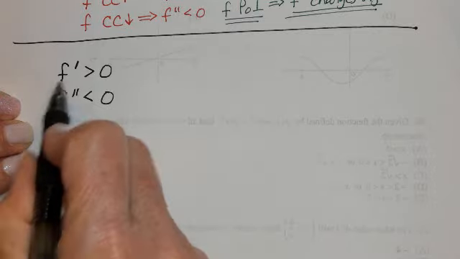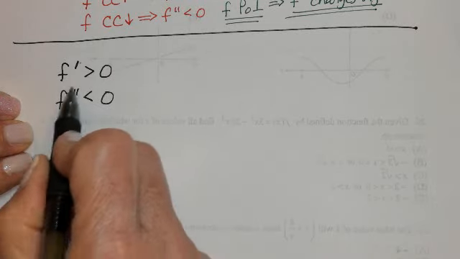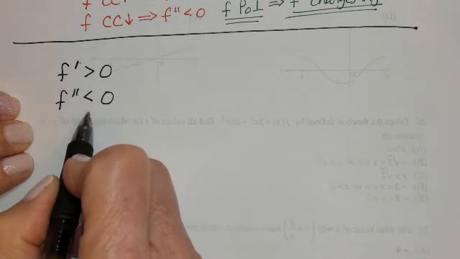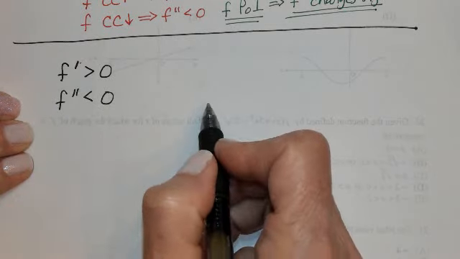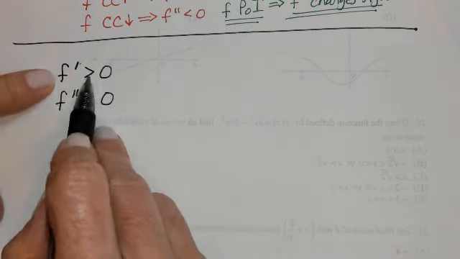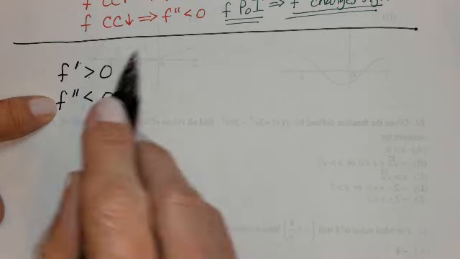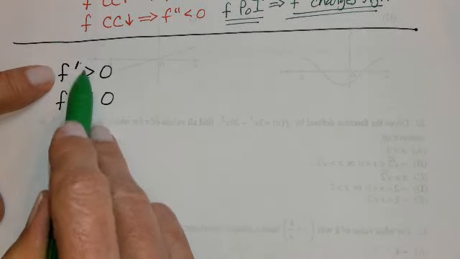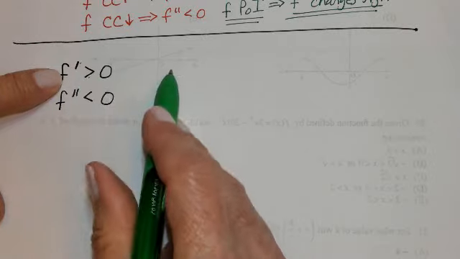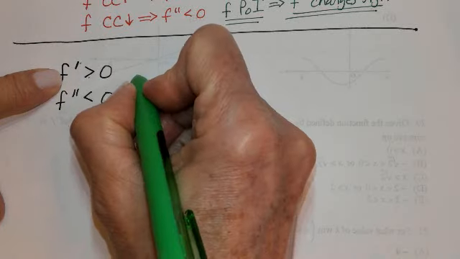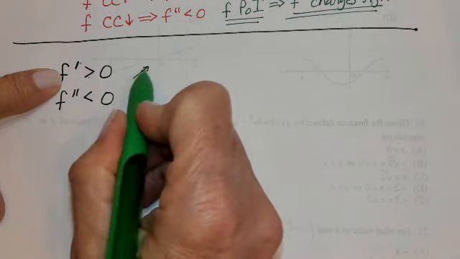So f prime is always positive, f double prime is always negative. What would the curve of f have to look like? Well, for f prime being positive, that would mean that f would have to be going up. It would have to be increasing.